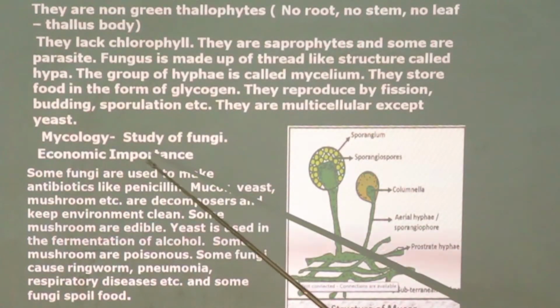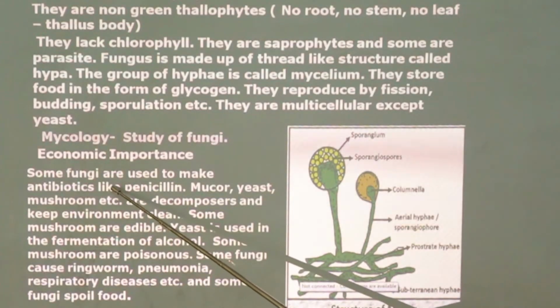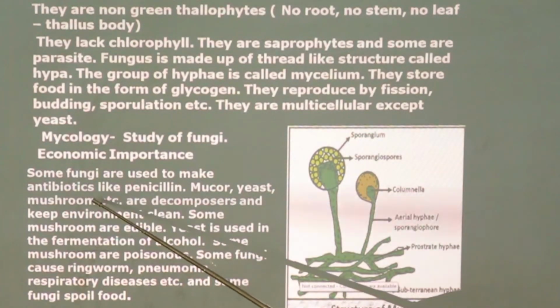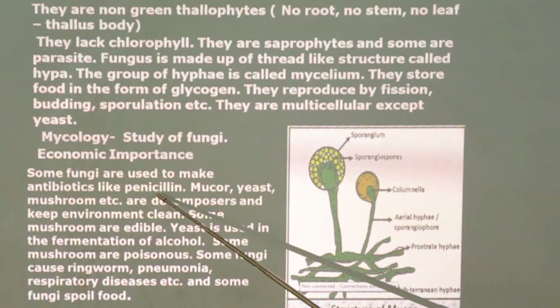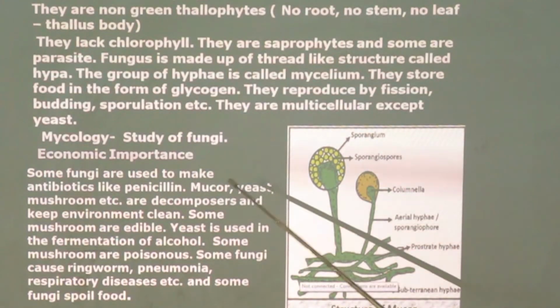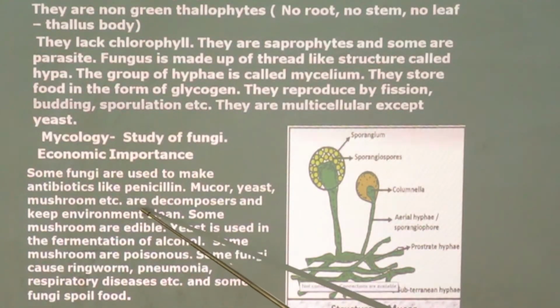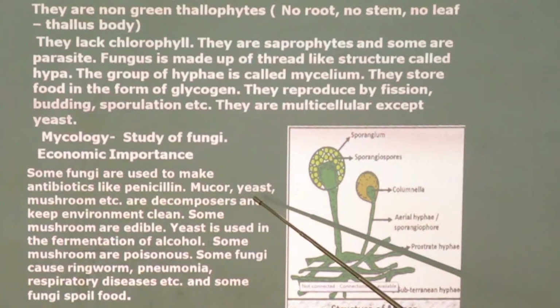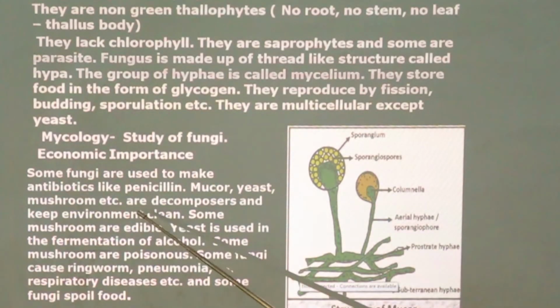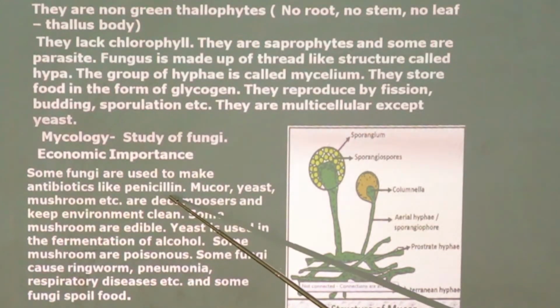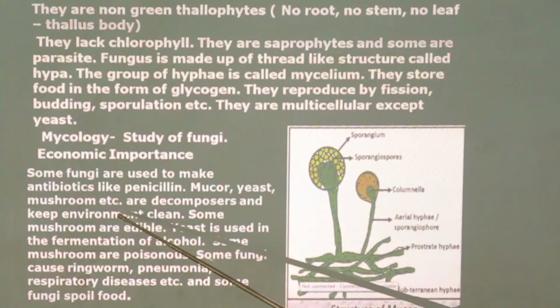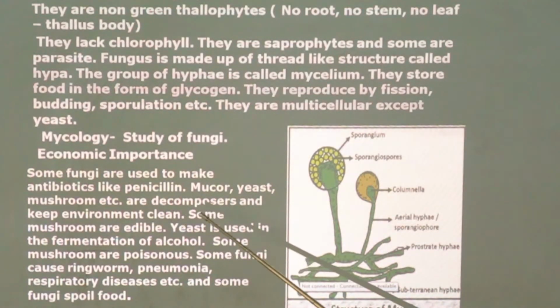Economic importance. Some fungi are used to make antibiotics like penicillin. Mucor, yeast, mushrooms, etc. are decomposers and keep the environment clean. They decompose the dead bodies of plants and animals and keep our environment clean. Mushrooms are edible. Yeast is used in the fermentation of alcohol.